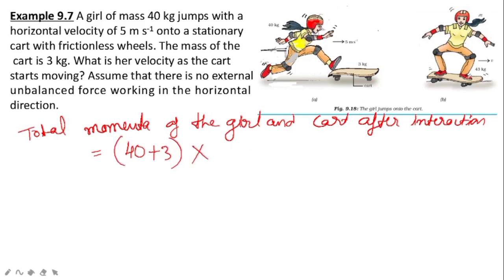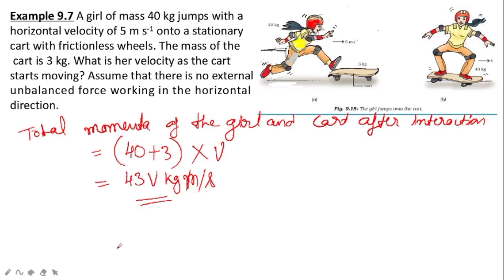What we have to find is the velocity of these two together, so we took it as V itself, which is equal to 40 plus 3, it is 43 V kg meter per second. So total momenta of the girl and cart after interaction is 43 V kg meter per second.